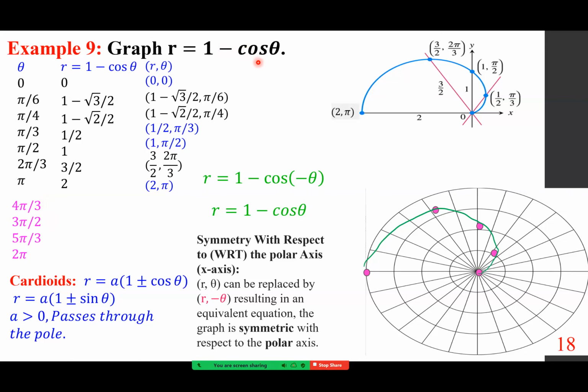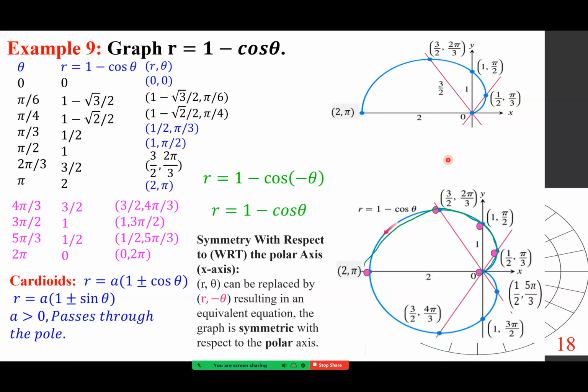Minus negative 1/2 makes it plus 1/2, so it makes it 3/2 here. 3 pi over 2, we know cosine is 0, so it's just 1. 5 pi over 3, in the fourth quadrant, cosine is positive, so 1 minus positive 1/2 makes it 1/2. And if we put 2 pi, cosine of 2 pi, just the same as 0, is 1. 1 minus 1 makes it 0. So we have those pairs. So you can use this, or you can use the fact that I just mentioned and see the other half, okay?